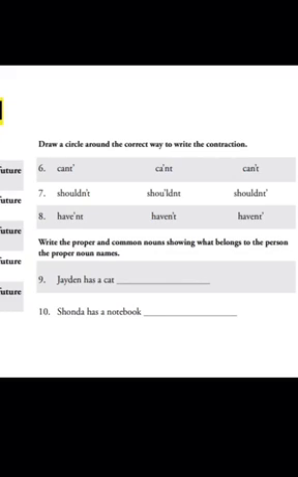So if it helps to figure out where the apostrophe goes in that contraction, you can actually write out the 2 words cannot and figure out what 2 letters were taken out or which letter was taken out. Okay?